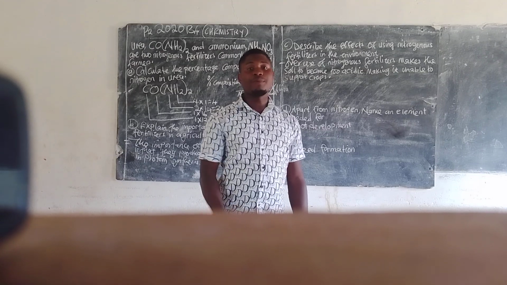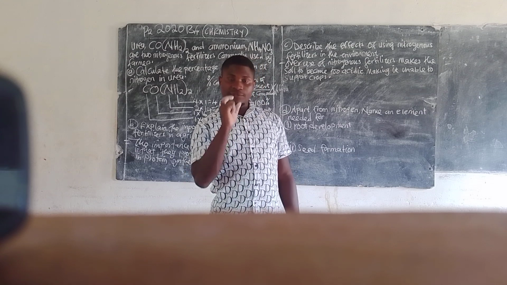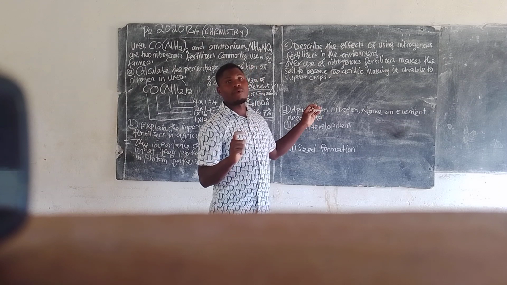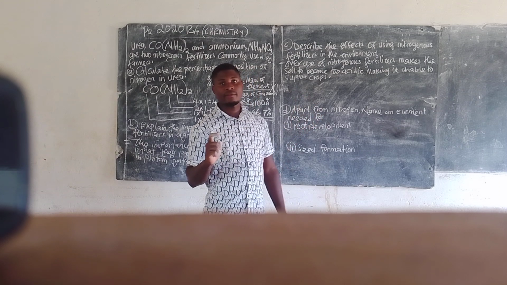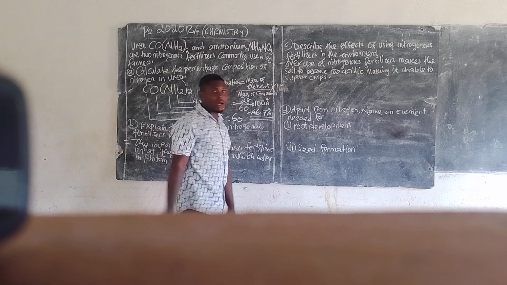Because when the pH of the soil is lowered, and when the pH is very low, that means the soil becomes too acidic for the crops to survive. Okay? So what is the other effect? Can you give here? What is the other effect?